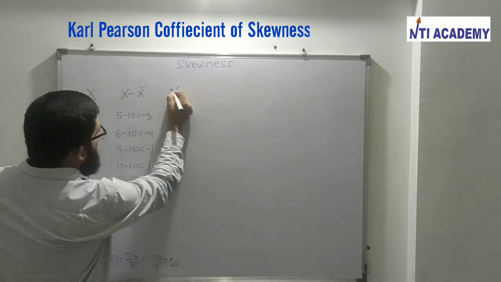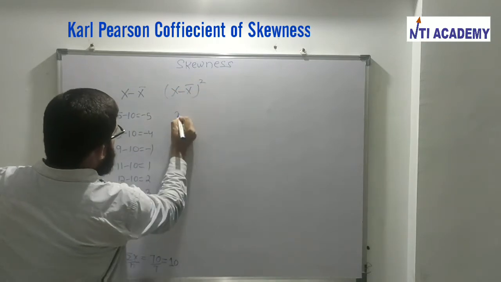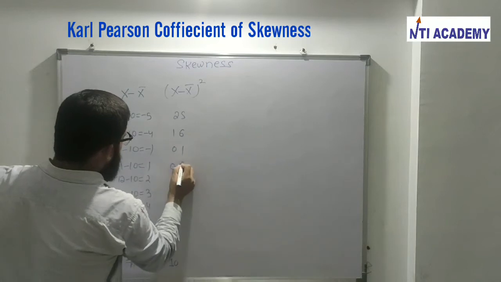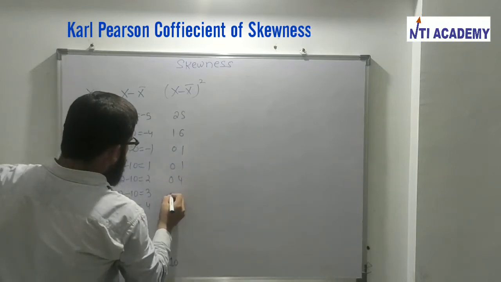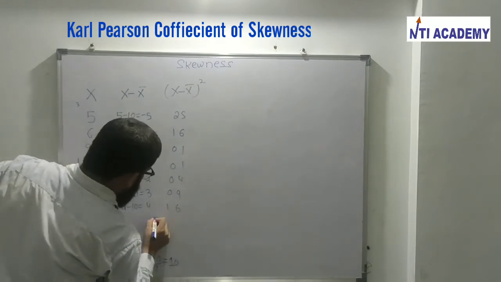Now take the square of this: 25, 16, 1, 1, 4, 9 and 16. And take the summation of this.